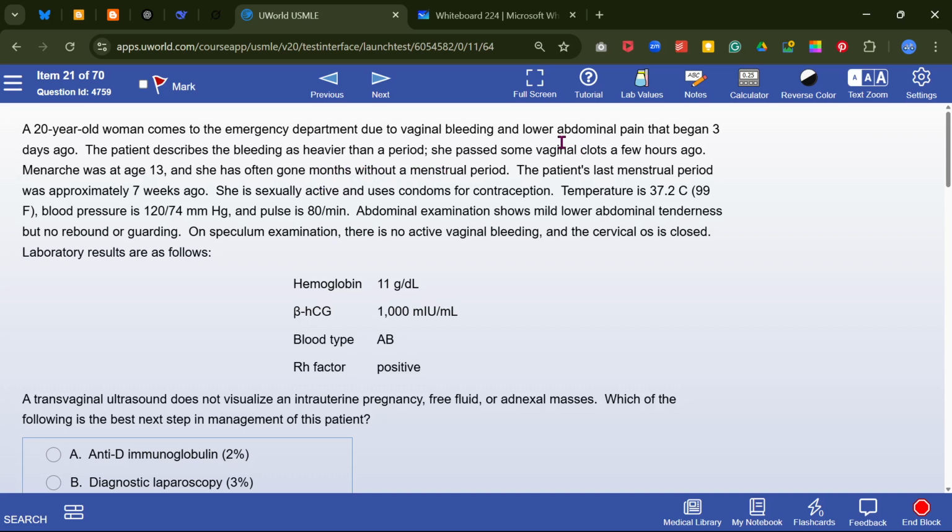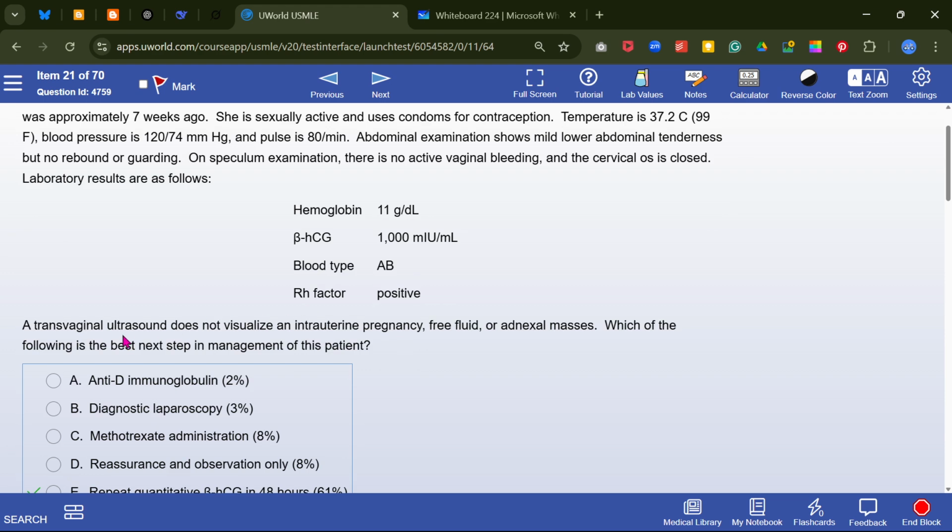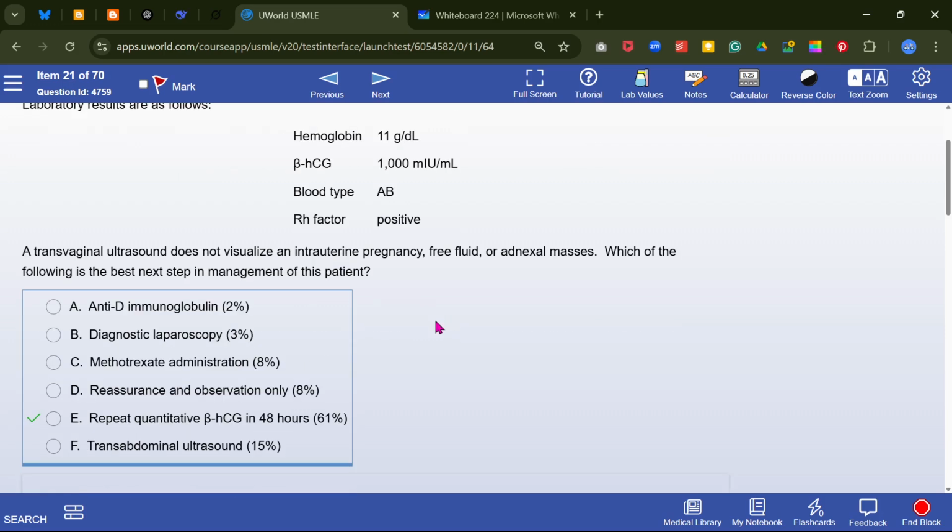So amenorrhea, vaginal bleeding, abdominal pain. BP is normal, not ruptured. Beta-hCG is higher, and transvaginal ultrasound is done. The patient is hemodynamically stable. The transvaginal ultrasound does not visualize an intrauterine pregnancy. So it looks like ectopic pregnancy.